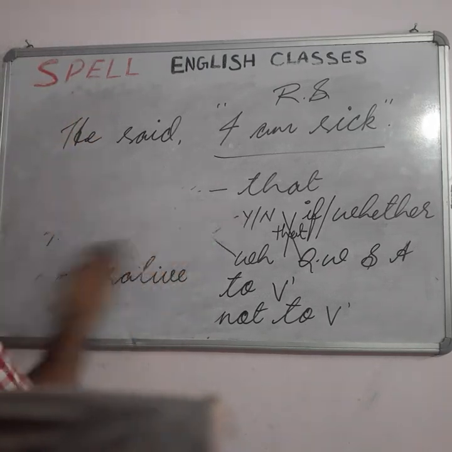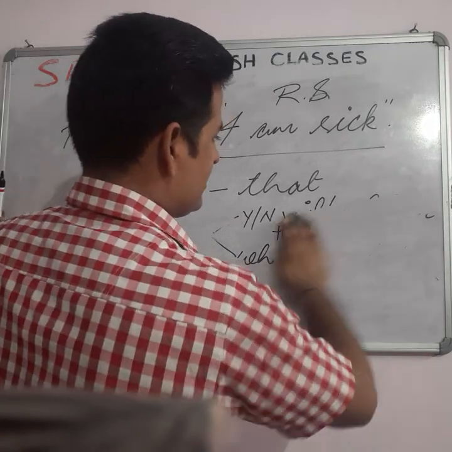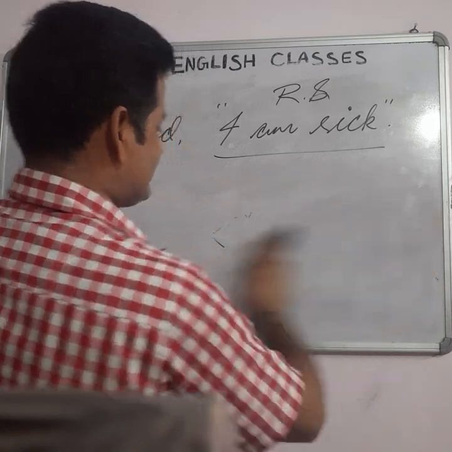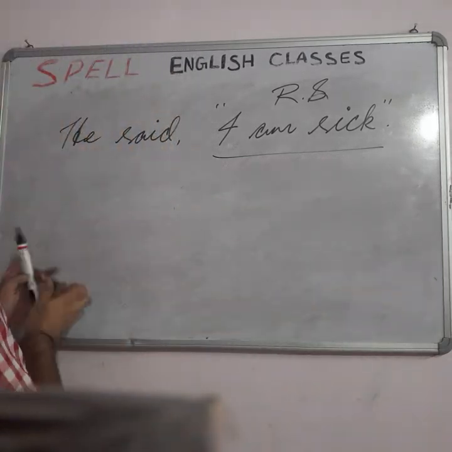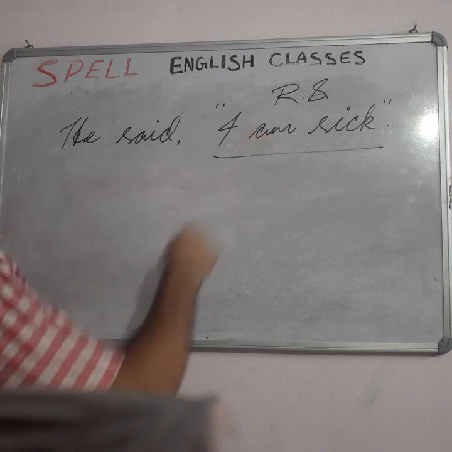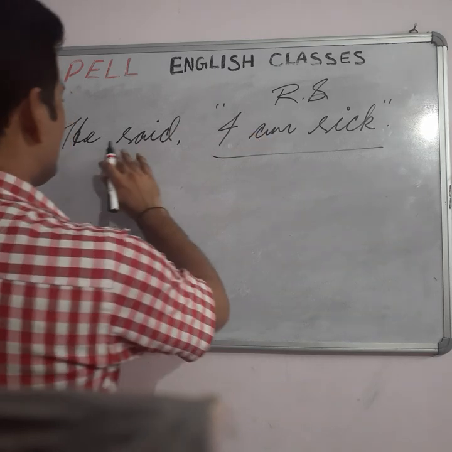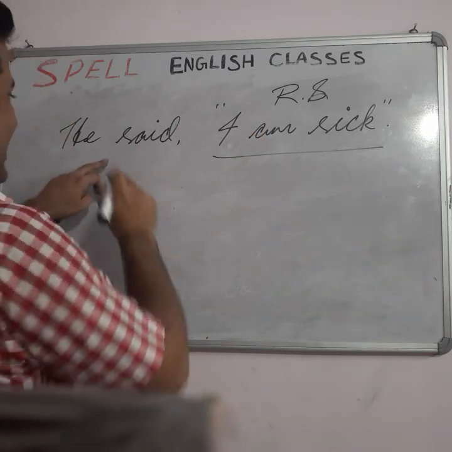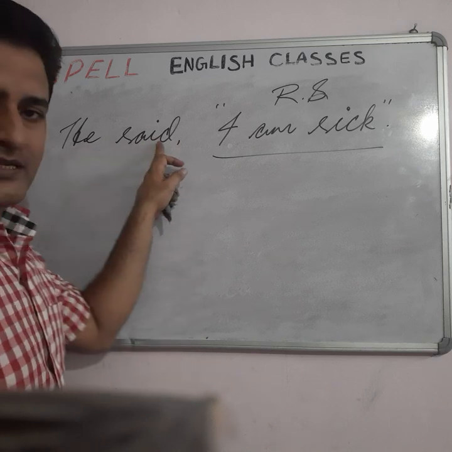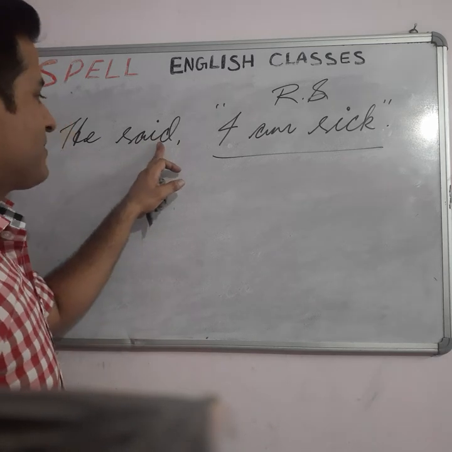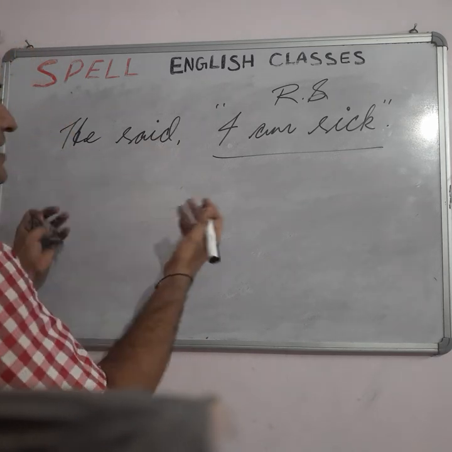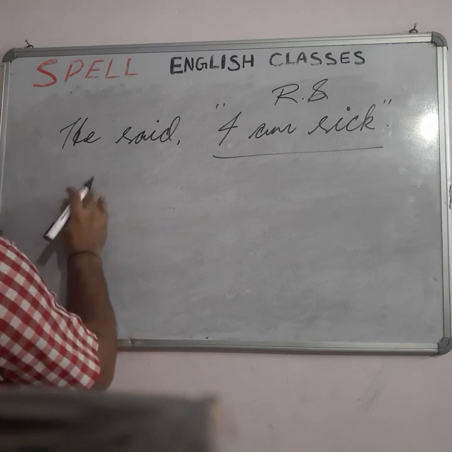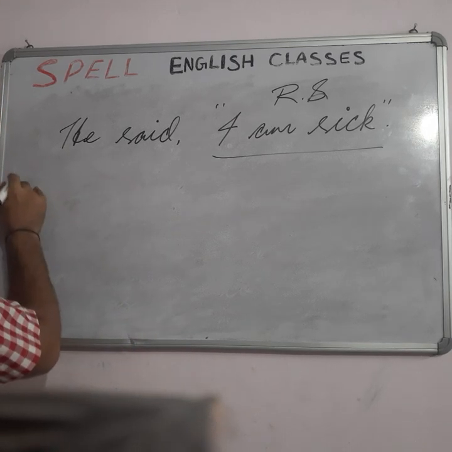Now, taking exclamatory sentences into consideration, we can see the use of that. Removing the earlier verb, we can make use of that, and before that, we should use exclaimed. Instead of writing said and all, we can make use of exclaimed. He exclaimed that, in case of exclamatory sentences.